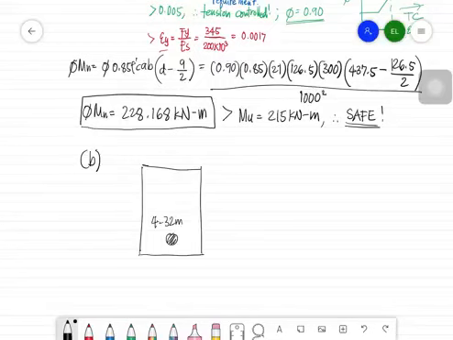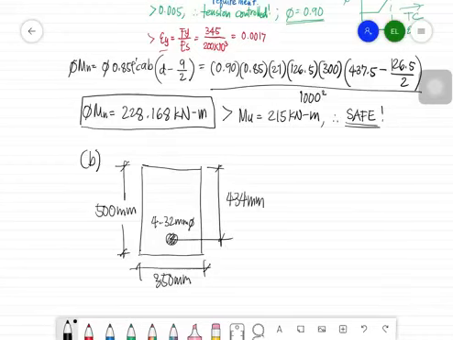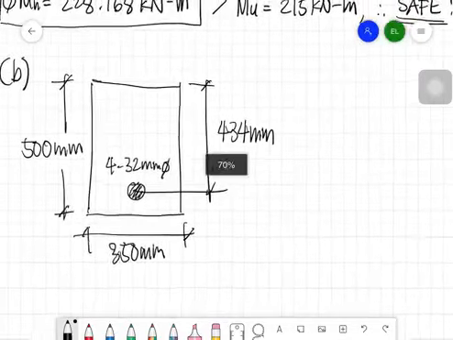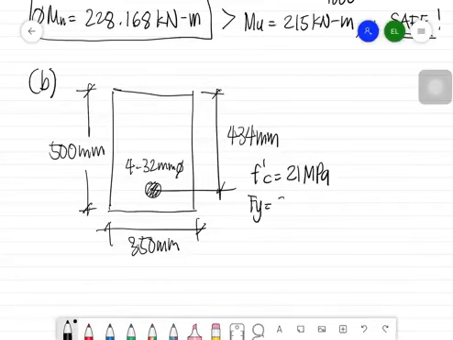We have a 432 mm diameter bar, 500 mm height, 350 mm width, and d is 434 mm, f'c is 21 MPa, and fy is 345 MPa.